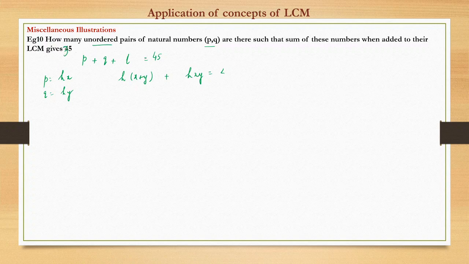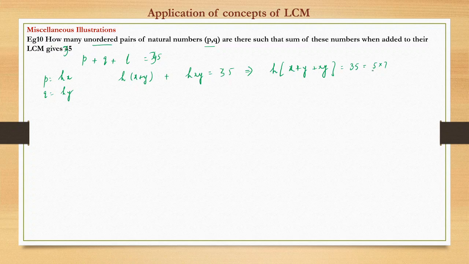I mean 45 also we can solve, but that will be lengthier. So let us make 35. So this we can write as h taking common, 1 plus x plus y plus xy is equal to 35. So again the question has boiled down to writing a number n as a product of two factors.